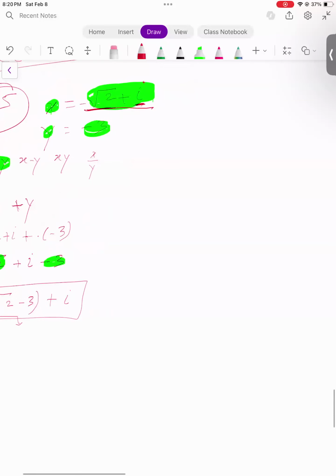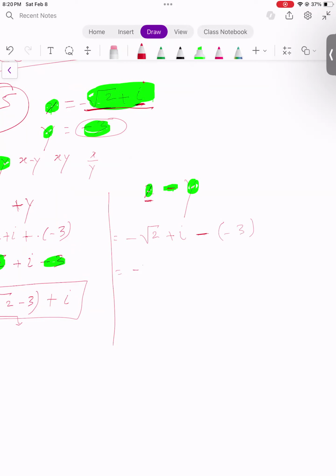Okay, now let's find x minus y. Now we have a negative sign, a difference. So we are finding the difference between the x complex number and the y complex number. So let's substitute our x. x is negative square root of 2 plus i. Now we have a negative here. Now what about our y? y is negative 3. It's a negative number, so make sure it's inside parentheses.